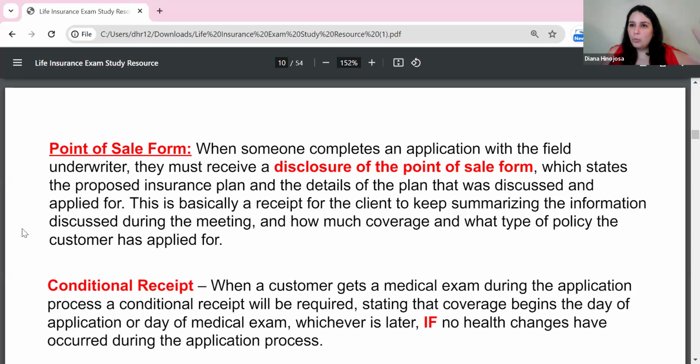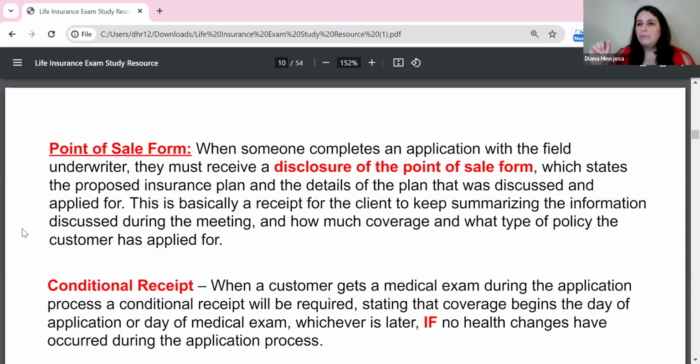And their records. You can print a paper. It can be a white sheet of paper. It can be anything you want it to be, but basically you are writing down the date that you met with them. What did they apply for? And you got to be specific. A 30-year decreasing term policy for 150,000, and he's going to pay 56.25 per month.